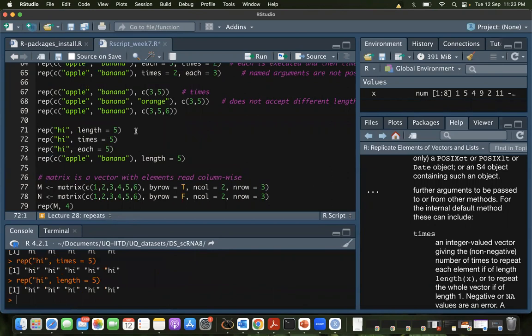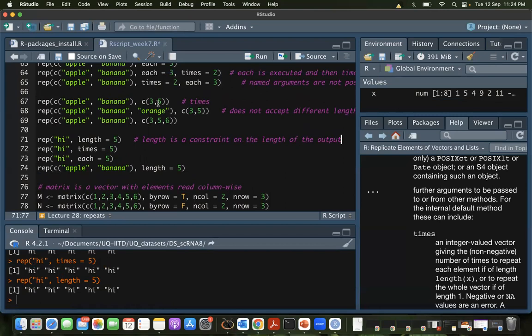Basically, length is a constraint on the length of the output. Normally, times or each is a constraint of how many times you want to repeat the input, right? But here you are constraining the output. That output has to be of length 5.